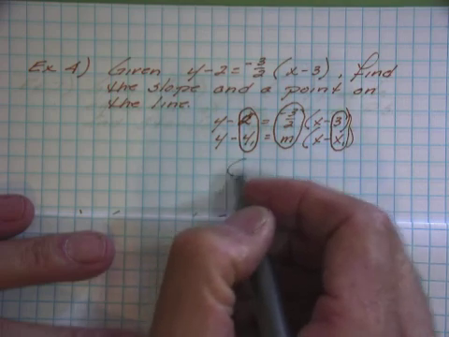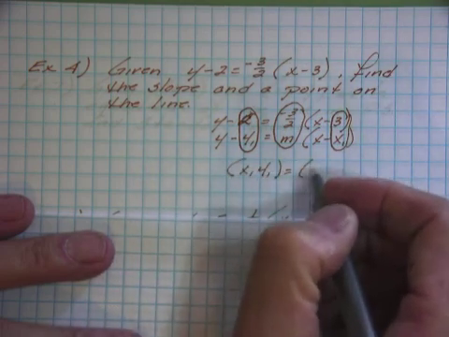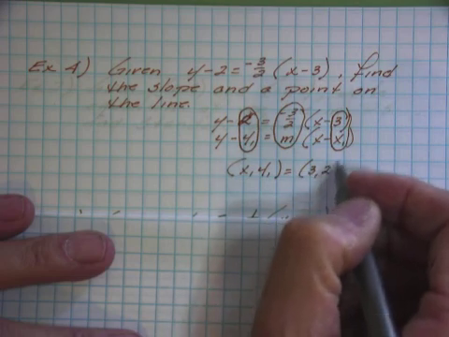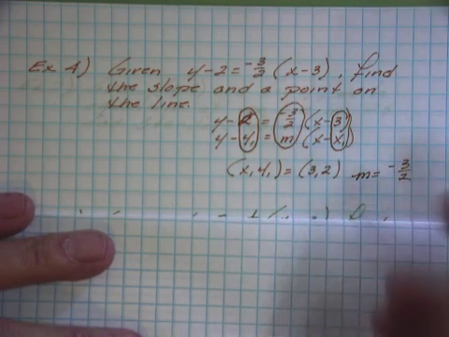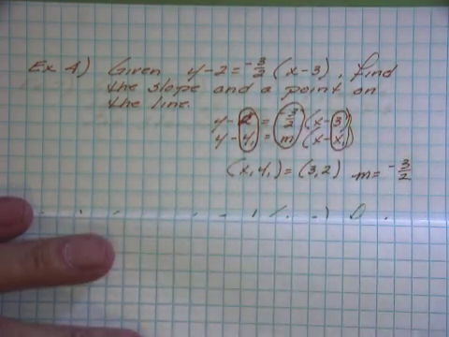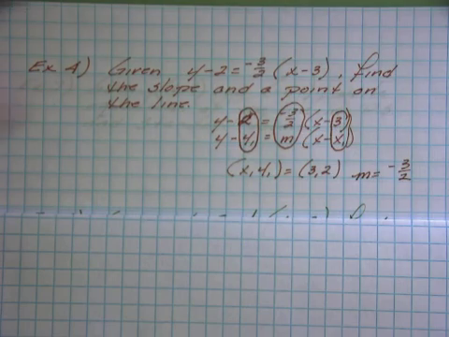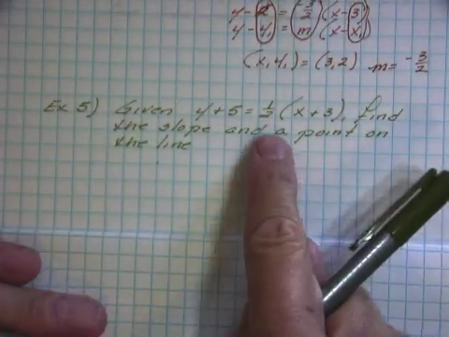So I can write, hey, look, y sub 1 is 2. The slope is negative 3 over 2. X sub 1 is 3. So it's very simple to go, okay, x1, y1 is 3, 2, and the slope is negative 3 over 2. Okay? Very simple. Just pull that information right out of the equation.